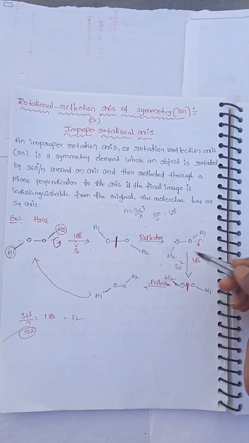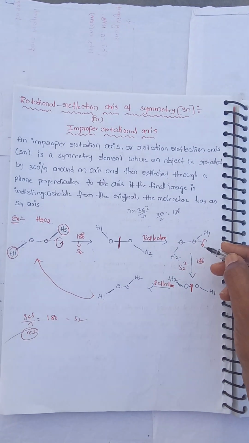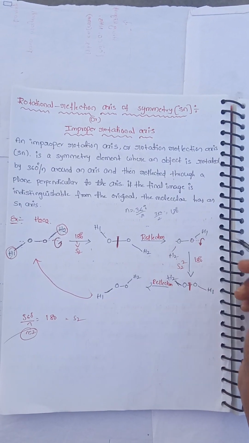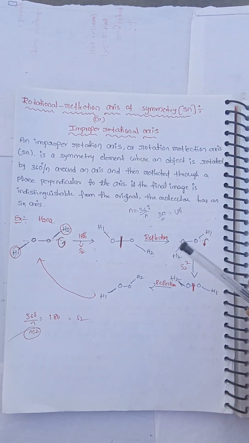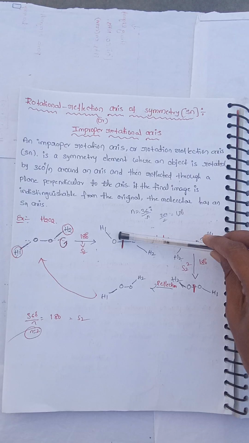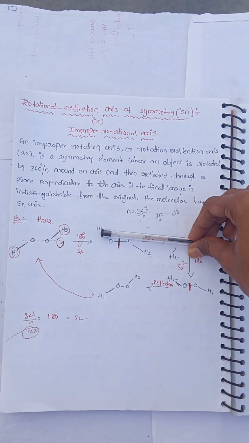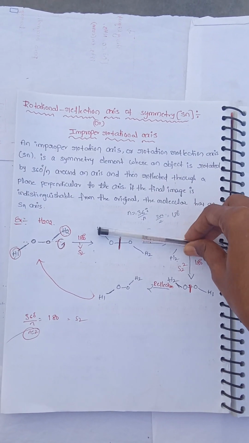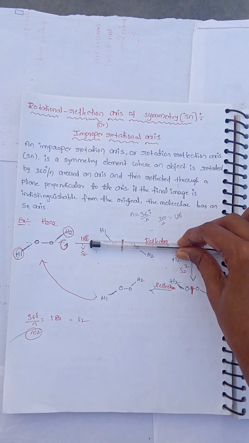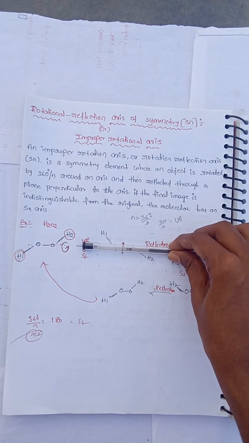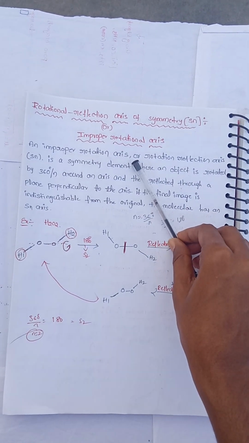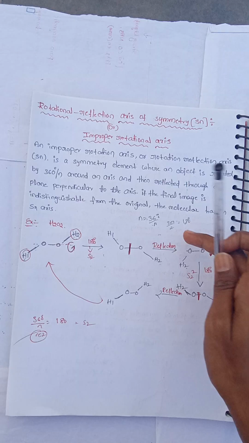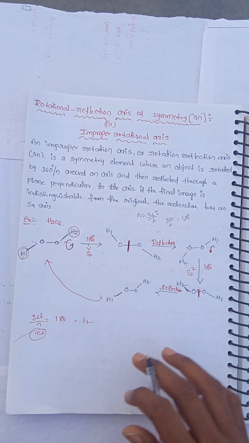Now we have to rotate again by 180 degrees. Same is here. Now you have to rotate like this. This is the plane. Now you have to write this. Now H1 is here, H2 is here, same.